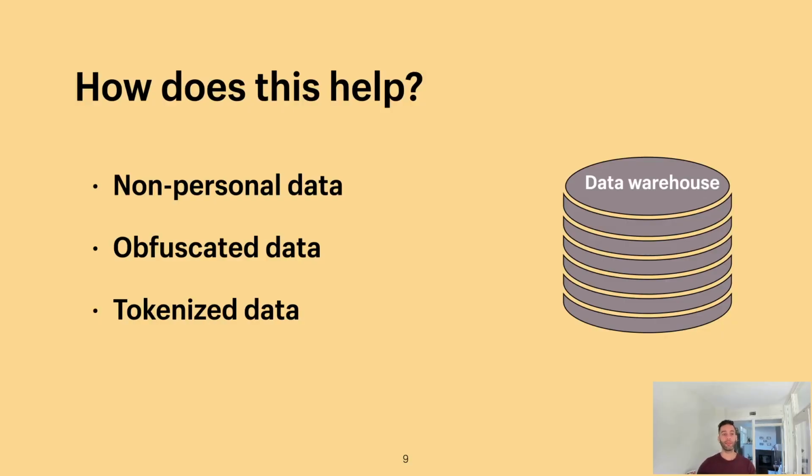So let's take a step back again and see how all of this schematization and pseudonymization helps us with our goal. If you take a closer look in our data warehouse, we end up with three categories of data now. It's either non-personal data, things like ID, timestamp, or it's obfuscated data with high-level information, or it's tokenized data.